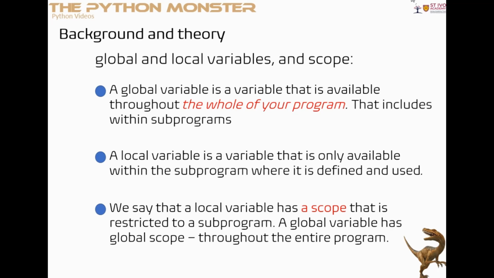In contrast, a local variable is a variable that is only available within the subprogram where it's defined and used. The term scope relates directly to the concept of the global and local variable. We say that a local variable has local scope, in other words, a scope that is restricted to a subprogram. A global variable has global scope, meaning that it's available throughout the entire program.